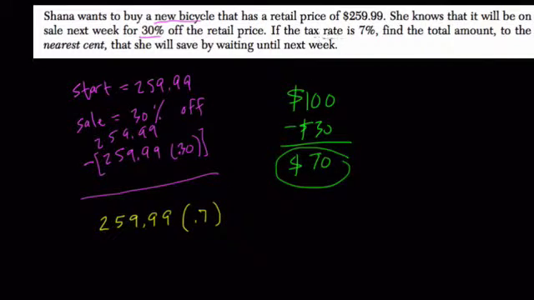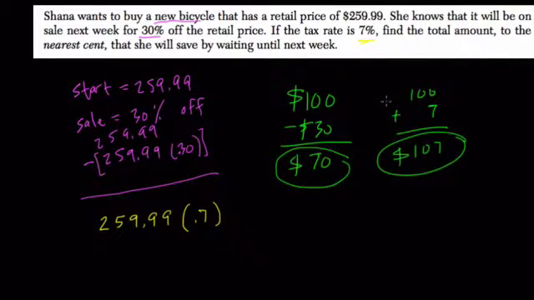But then they say the tax rate is 7%. So we're going to add 7% to this amount. So how do you add 7%? Well, think back to 100. If you have $100 and you add 7%, you would add 7, right? And the new amount would be 107. So when you add 7%, your new value is 107% of your original.